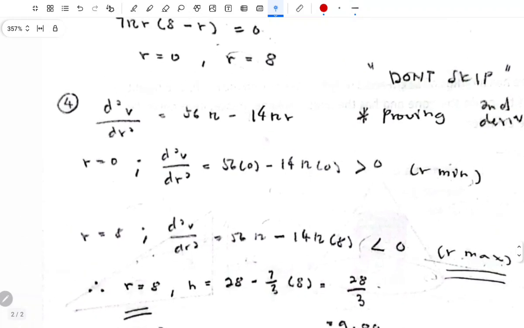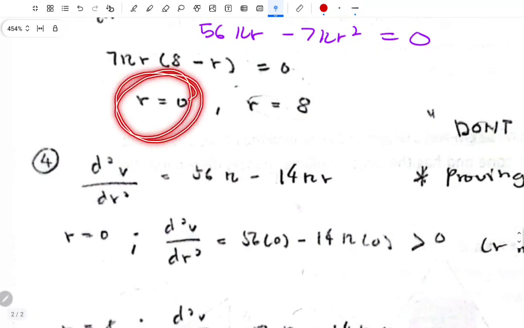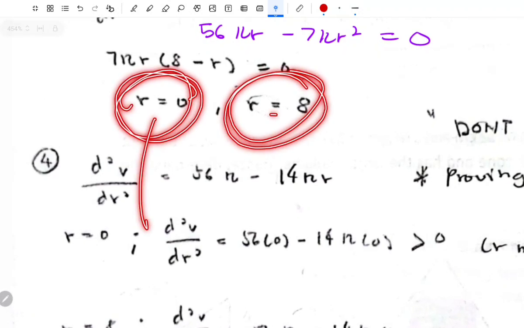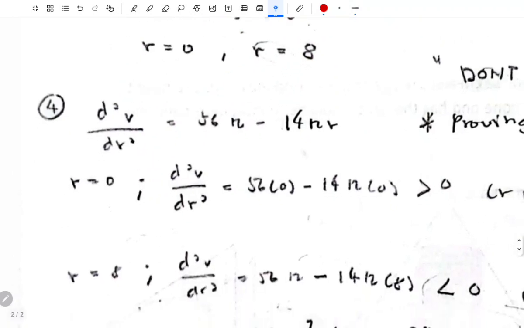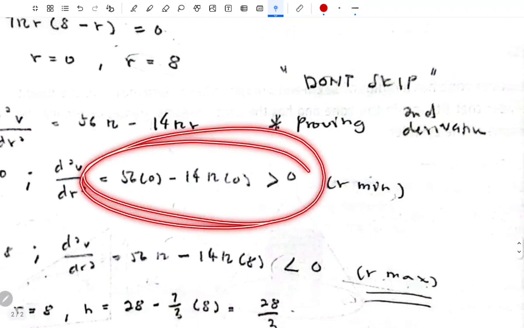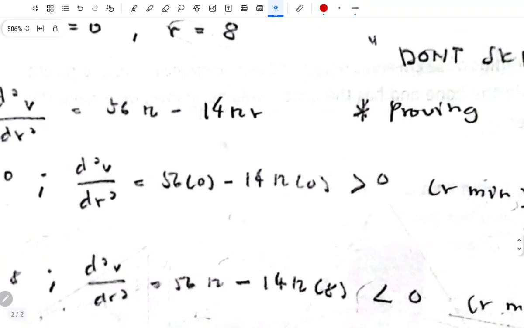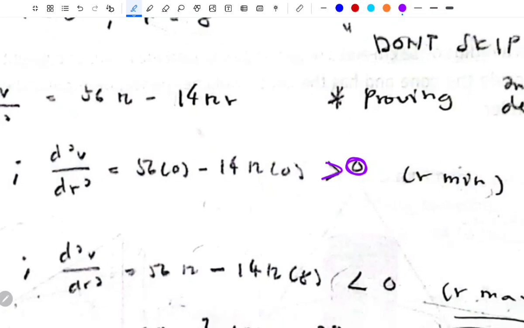Okay, now what are we going to do? So we know the r, so we are going to insert the r. I'm going to insert the first r, which is equal to 0, and we will get this one. So when this value is more than 0, it is a minimum.